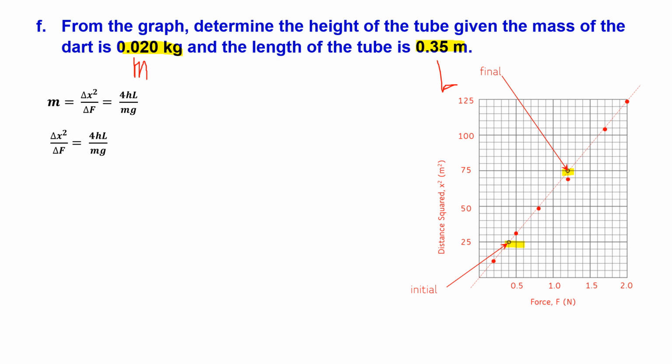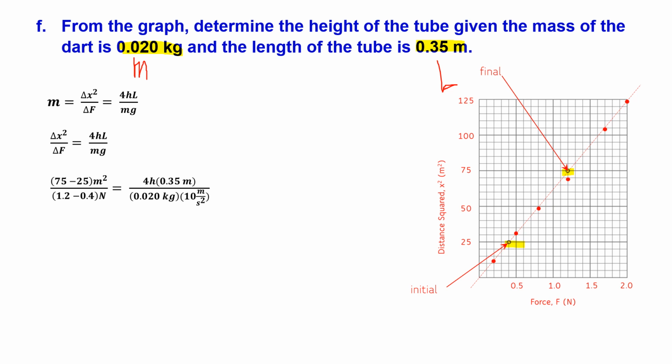So what is the value here? What's my x and y coordinates? So right away, we all know that my final is somewhere at 75 minus 25. Right here, it's 1.2 minus 0.4, because this is 0.1, 0.2, 0.3, 0.4 for my initial. So that's why the difference between the final and the initial.